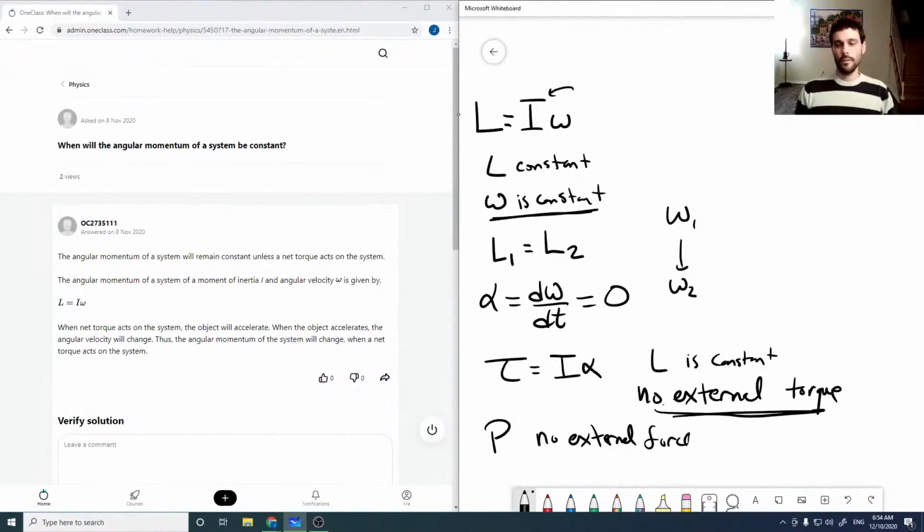There's a parallel in almost every way between angular motion and linear motion, which makes it easier to remember. So L is constant as long as there's no net torque acting on the system, as we need alpha to be 0, and so torque has to equal 0.